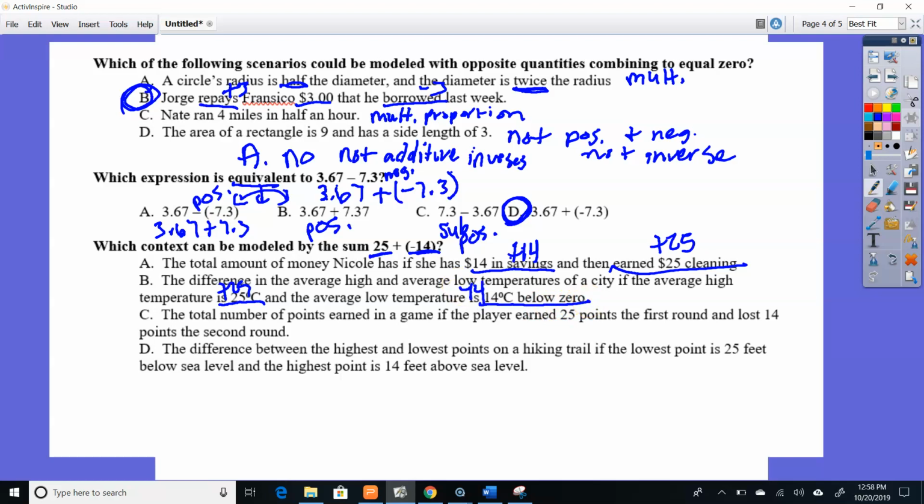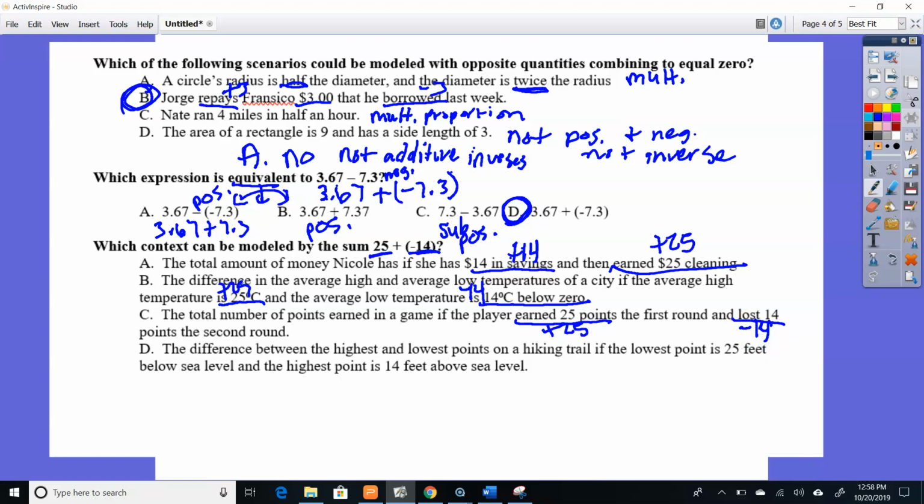Okay, so that seems like maybe at least it has a positive 25 and a negative 14. Let's read on and see if there's anything else. C: The total number of points earned in a game if the player earned 25 points, so he's earning 25 points, and then lost 14 points, so that's a negative 14.